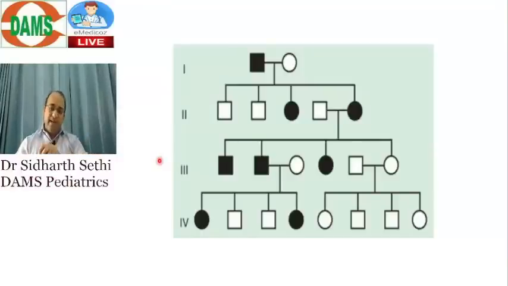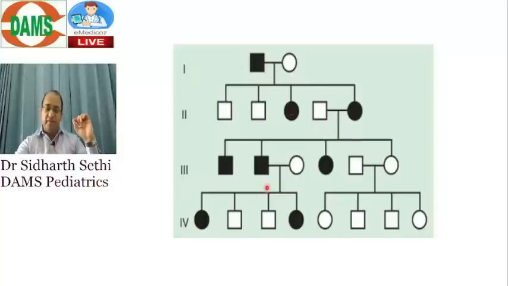The other disorders which are X-linked dominant are hypophosphatemic rickets, incontinentia pigmenti, and Aicardi syndrome. In X-linked dominant disorders, all generations are affected. An affected father gives the disease to all daughters.